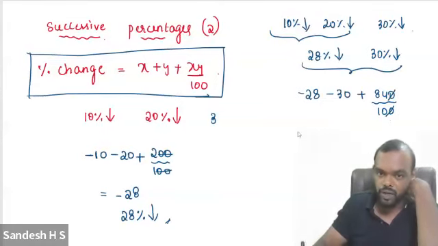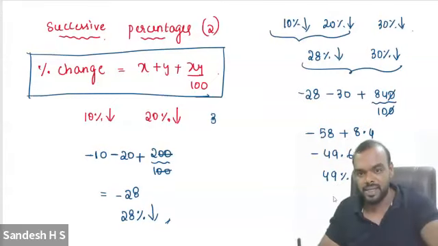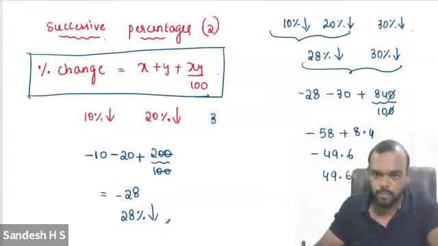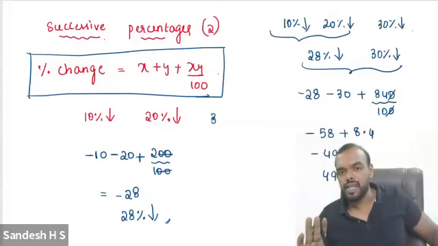This becomes 8.4. This is minus 58 plus 8.4. That will become minus 49.6. So discount is 49.6%. That's it. Understood, everybody? What happens if there are 3 discounts? Did you understand how to do this?